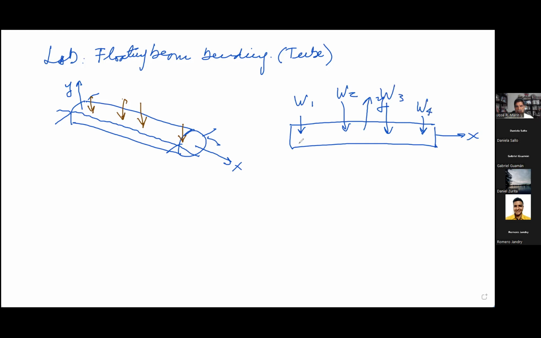Of course, we have buoyancy here, so this is B of X. Somebody may ask, what about the weight of the hull? Well, we're going to neglect it. We're going to consider only these four loads and the buoyancy as the forces acting on the beam.